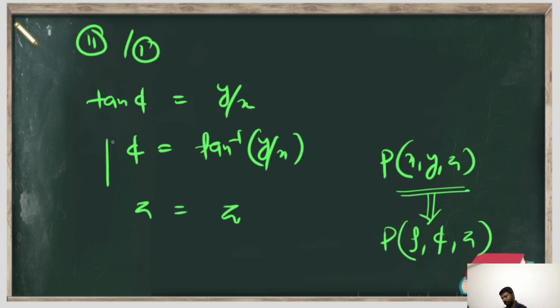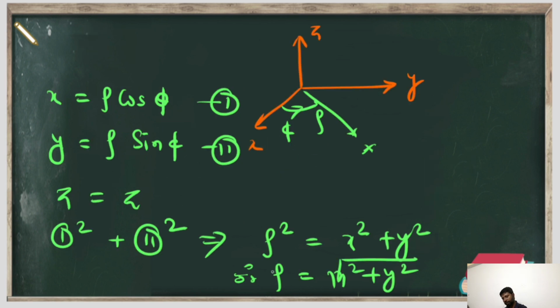Phi is equal to tan inverse y by x, and rho is equal to the square root of x square plus y square. With the help of these two equations, we can easily convert a point given in the rectangular coordinate system into the cylindrical coordinate system and vice versa.